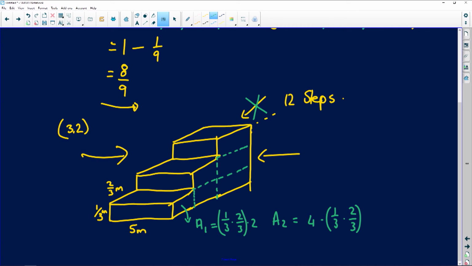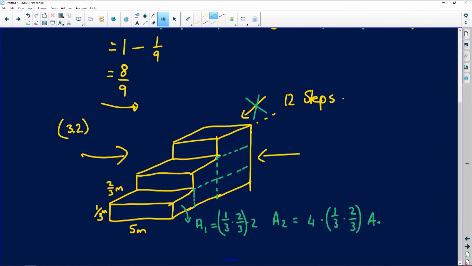Now I need 1, 2, 3, 4 of them for the second step. There's 12 steps, remember. So for the third step, I need 3 on this side, 3 on the other side. So the area of the third step is going to be 6 of those little metal sheets. If we cut them in this shape, we'll need 6 of those.